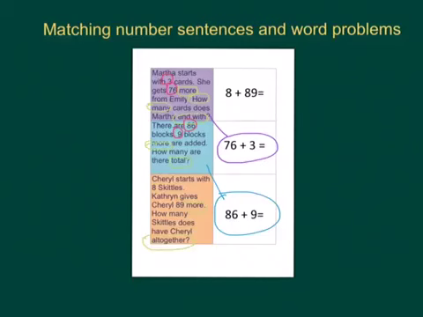Okay, now let's go through and circle the other key information we need to use. So she starts with 8 and then she gets 89 more. So this here matches 8 plus 89 equals. That's it there. Well done, that's the matching number sentence.